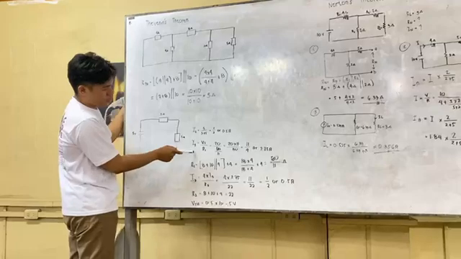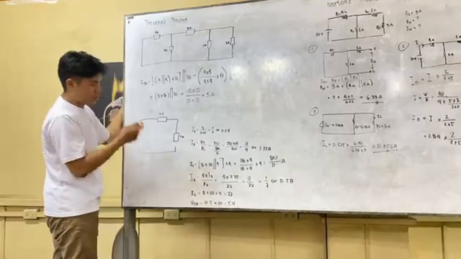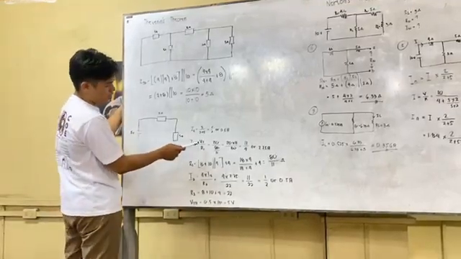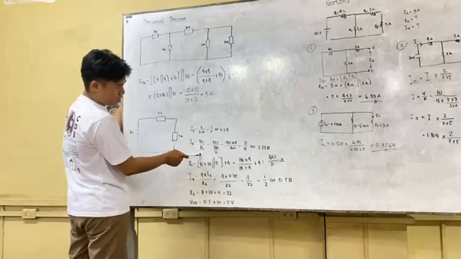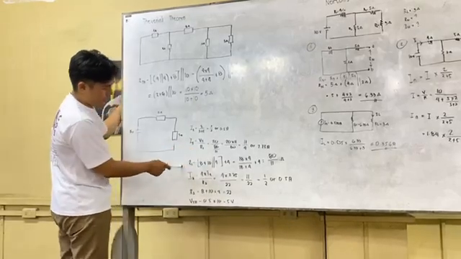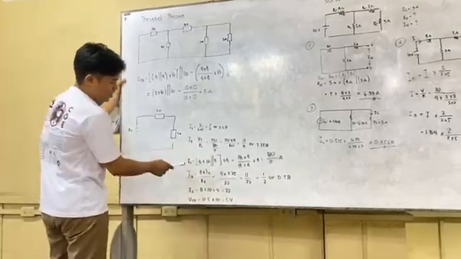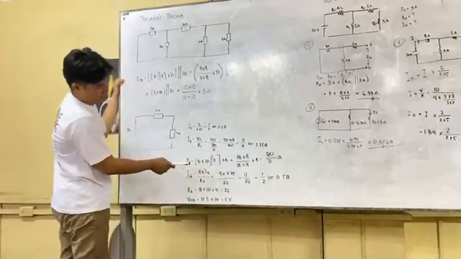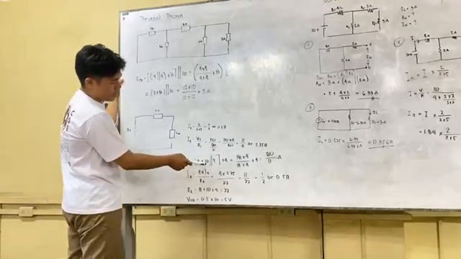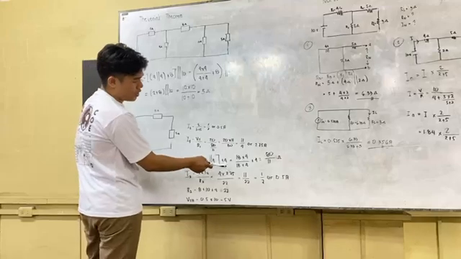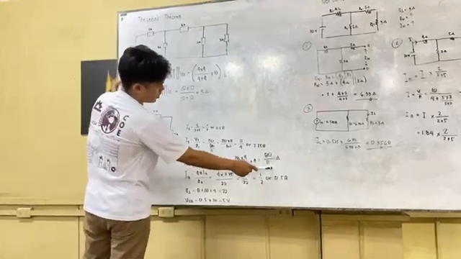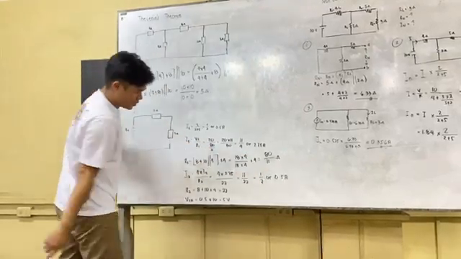Now, to solve for the I1, the formula for I1 is Vs over R1. Since we don't have R1, we're going to solve for R1. This is the formula for R1: 8 plus 10 parallel to 4 plus 4. Simplifying everything, we have the answer of 80 over 11 ohms.